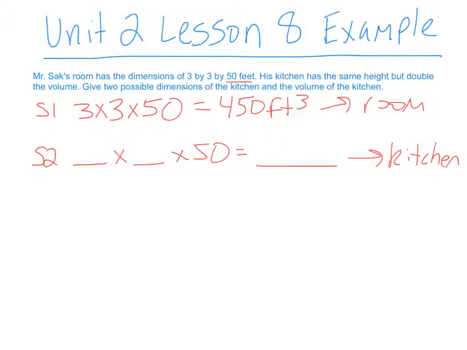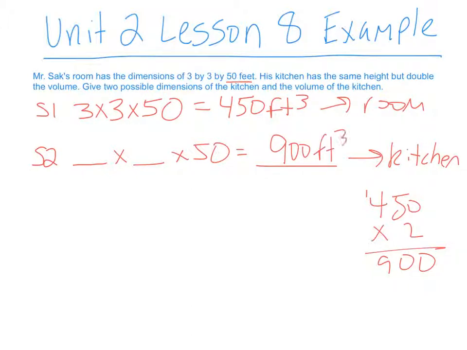In the problem, it says the volume of the kitchen is double the volume of the room. So to figure that out, all you have to do is 450 times 2, and you would get 900. So we know that this total volume here is 900 feet cubed.